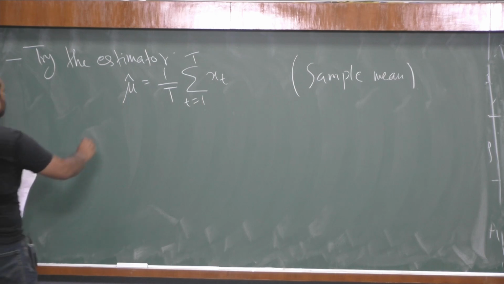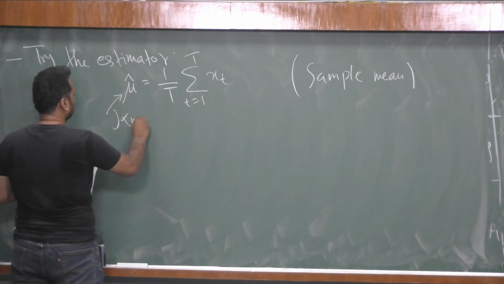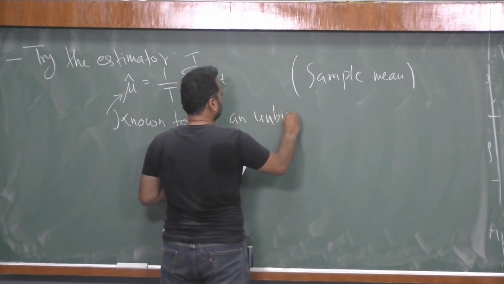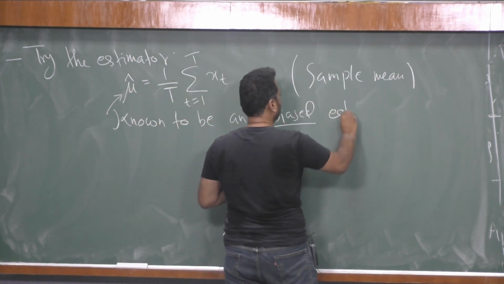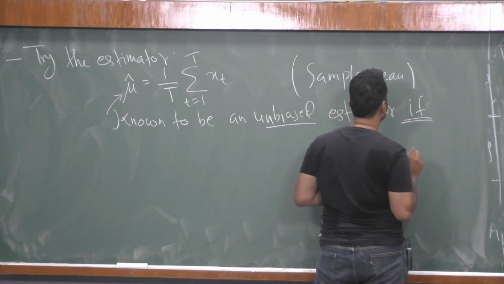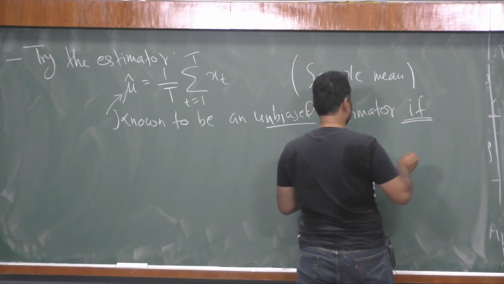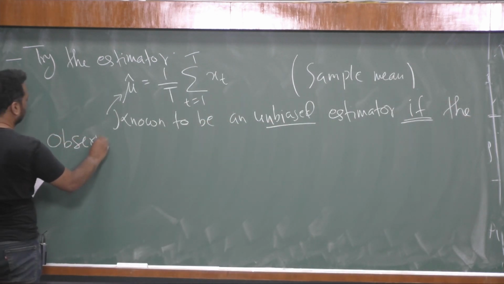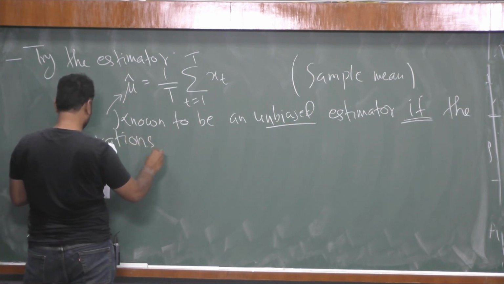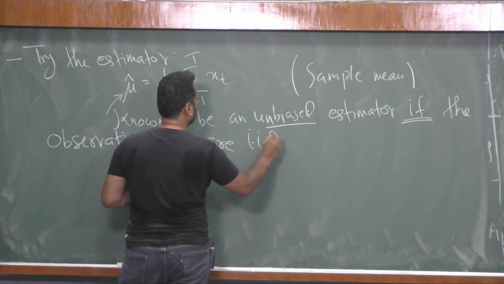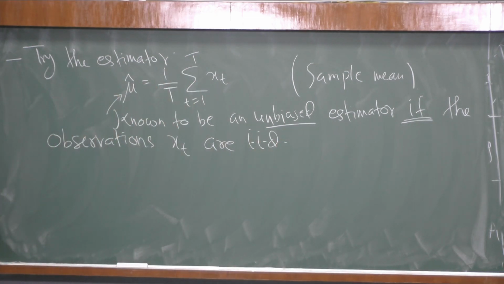And this is known to be an unbiased estimator if the observations, in our case xt, are IID, independent and identically distributed. Then we had this result that the sample mean estimates the true mean.